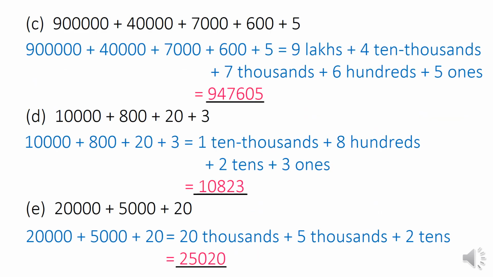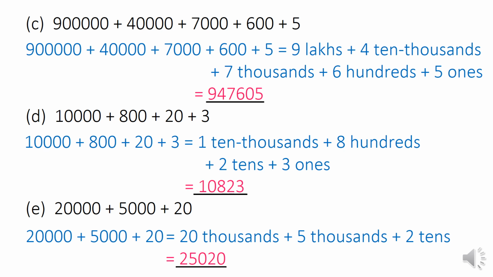The next sub-question is 9 lakhs plus 40,000 plus 7,000 plus 600 plus 5.